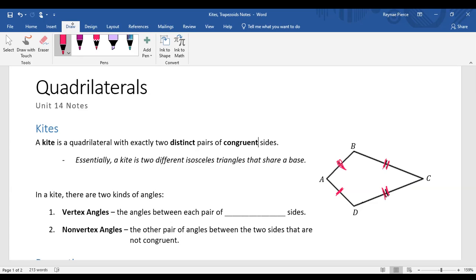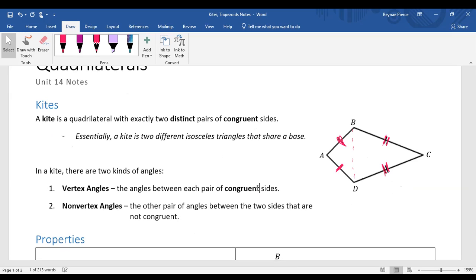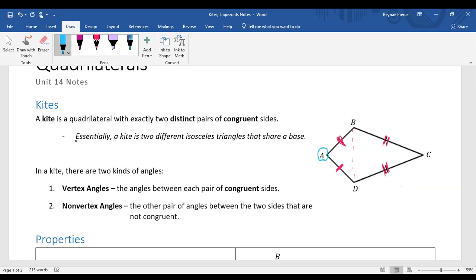You can kind of think of a kite as, if we were to draw this diagonal, two isosceles triangles stuck together at the base. In a kite, there are two different kinds of angles. The vertex angles are the angles that are between the congruent sides. So here, angle A and angle C are the vertex angles.